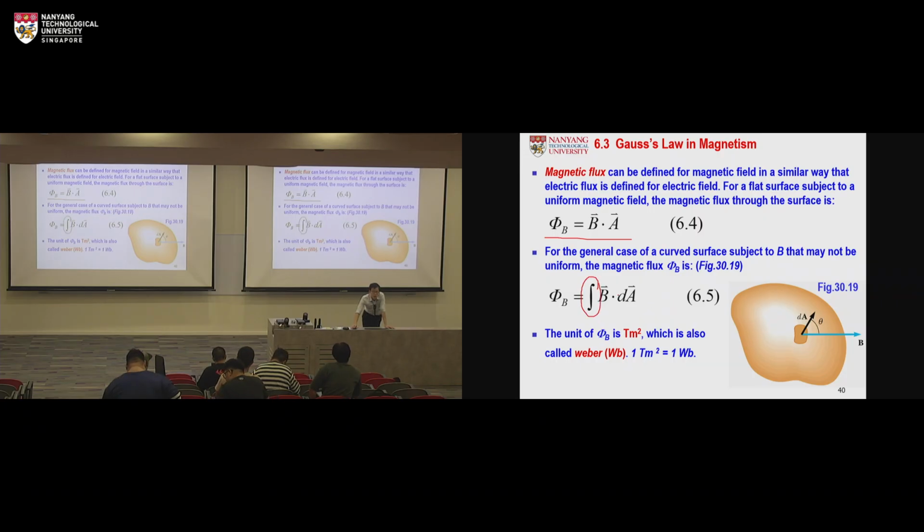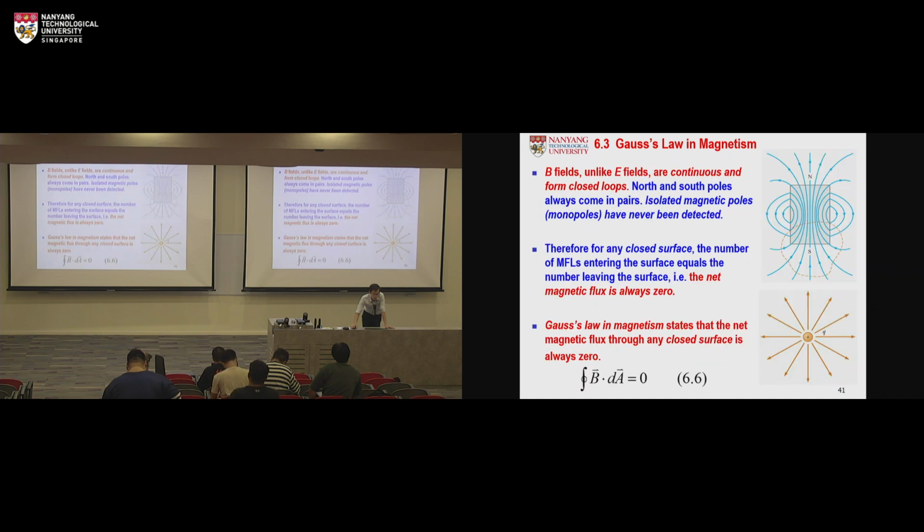But for magnetism, the integration of this one is always going to be 0, as long as this is a closed loop. This integration is always going to be 0. Anyone can tell me why?